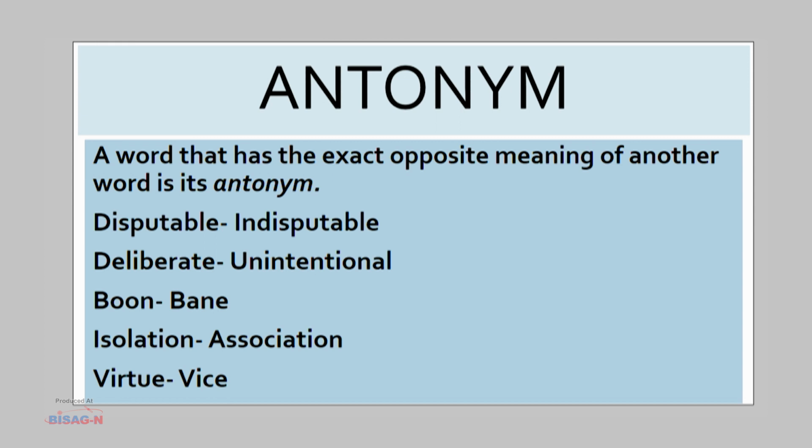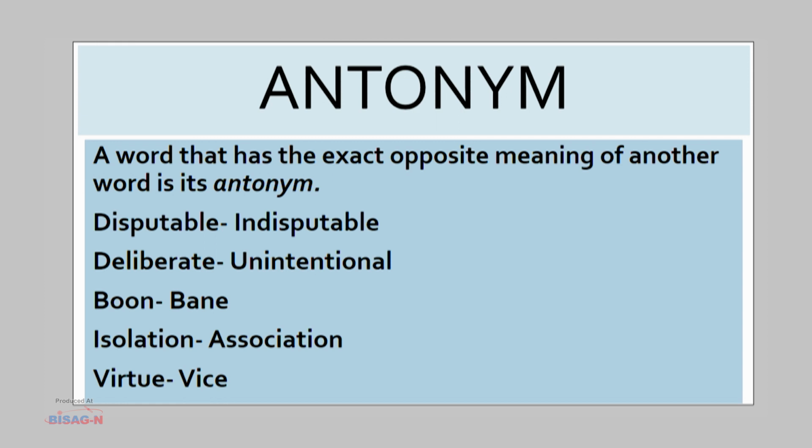For example, disputable. Whenever there is a dispute about something, that is known as disputable. And the opposite of it is indisputable. Disputable changes to indisputable. Now, "This matter is quite disputable, so the manager has called a meeting about it."